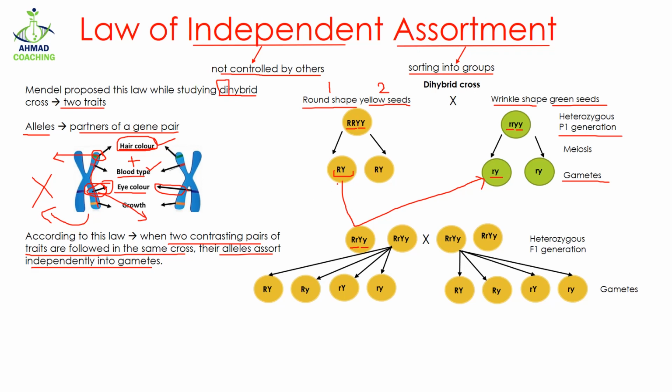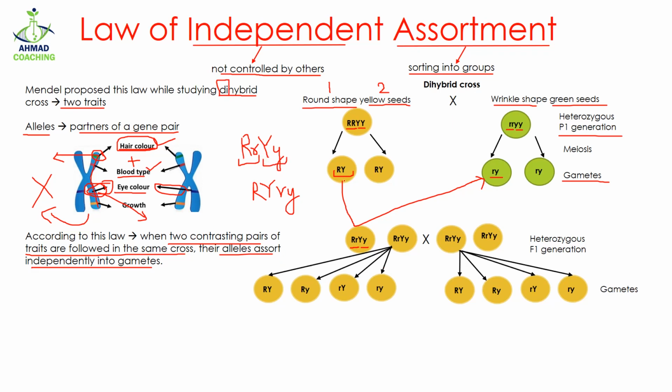Always remember, although the gametes are like capital RY like this, when we do this we are going to arrange these according to the alleles. For example, capital R and small r, capital Y and small y, so that we know that this pair of alleles is for one trait and this pair of alleles is for another trait.